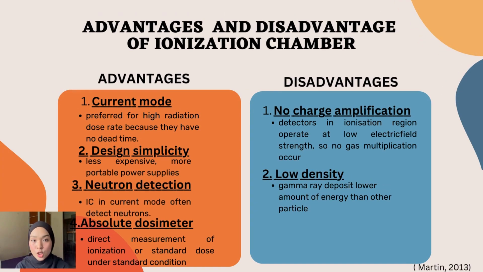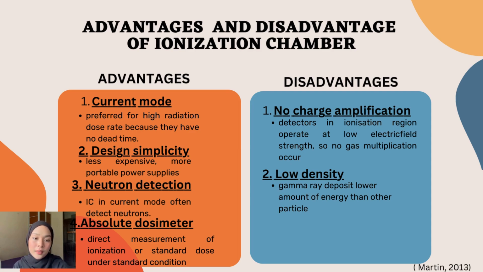Next is ionization chamber. The first advantage is that it uses current mode. The second advantage is the simplicity of construction that reduces costs and allows more portable power supplies, but still offers a reasonably accurate response. The third advantage is that it can detect neutron, and the final advantage is that it is one of the absolute dosimeters which directly measure ionization or radiation or standard dose under standard condition.